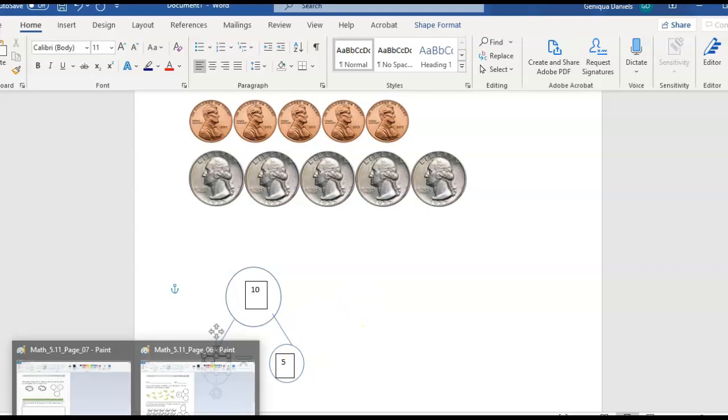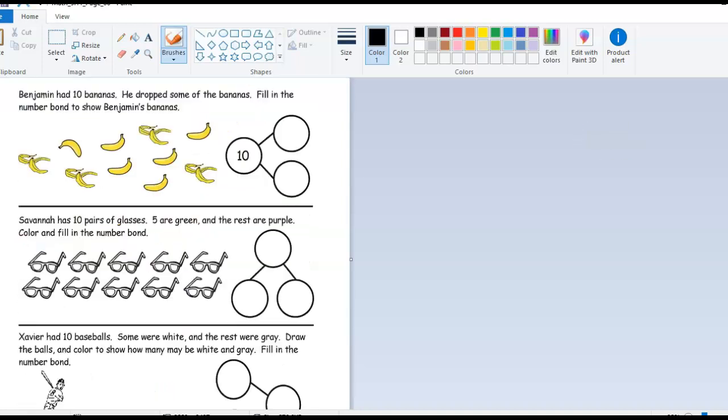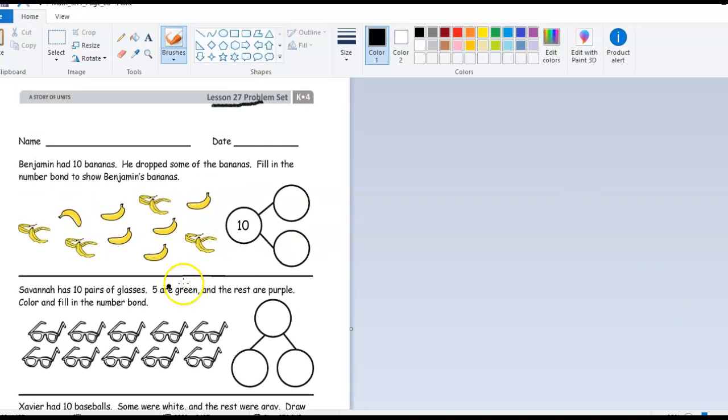Now, moving on to our lesson for today. Again, we are on lesson 27, and that is on page 83. I'm going to give you all 10 seconds to write your name.